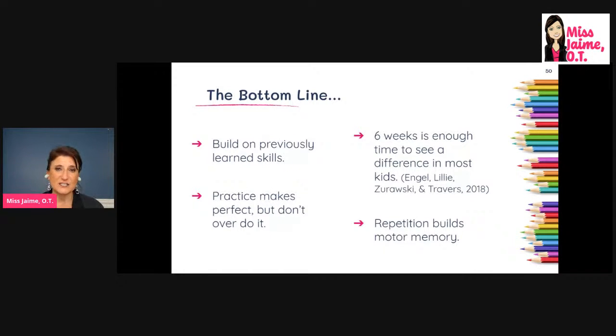There's a lot that goes into it, but practice does make a huge difference. And we're not going to help them build automaticity without that repetition. Repetition builds motor memory. We want to make sure that we are Mr. Miyagiing those kids. They got to do it over and over and over until it's a piece of cake for them.